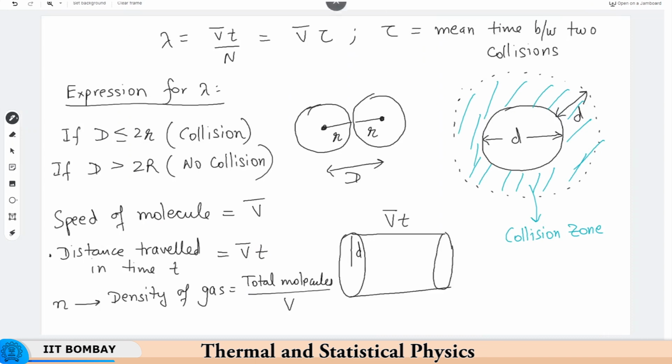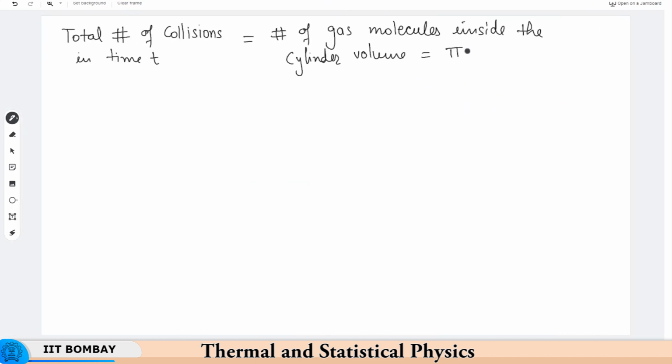So, r is d, so this is pi times d squared times V times t, right. This is the volume, and multiply this by n, that will be the total number of gas molecules inside this volume. So, this is the total number of collisions that this molecule has undergone in time interval t.